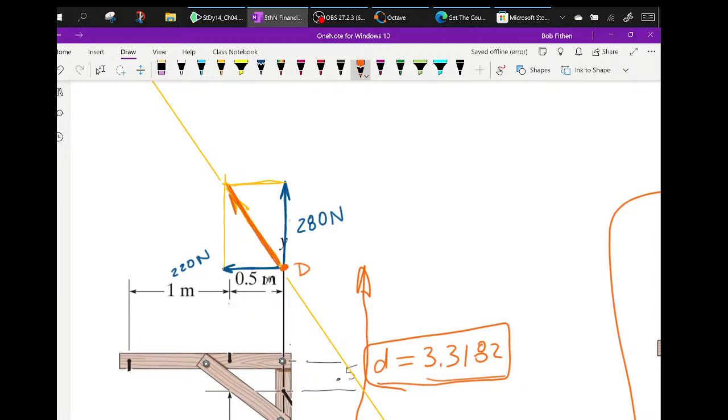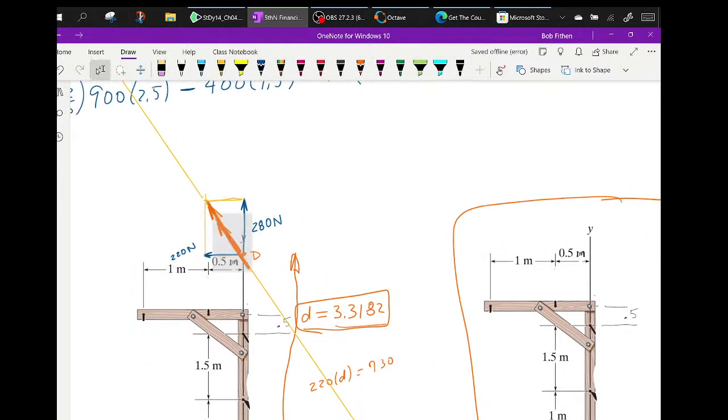I'm drawing it again in a different color so I can hopefully select it. This means I can move this vector anywhere along this line. I did not change the problem at all. So therefore, you can just drop it right there.